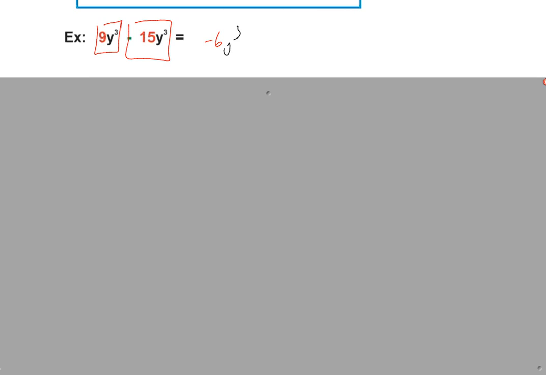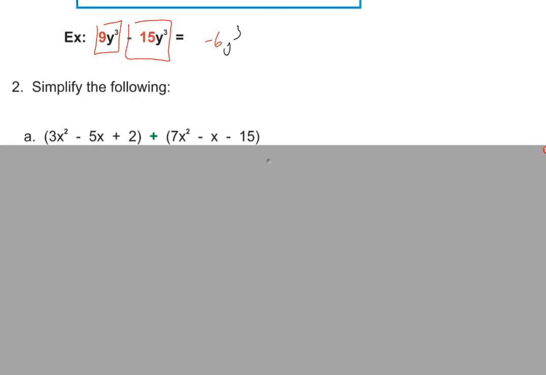Again, adding like terms, we've done it forever and ever. Piece of cake, no sweat. So again, if I use the rule, I'd have to go parentheses 9 minus 15, close parentheses y cubed. But we just know there's 9 of them minus 15 of them.